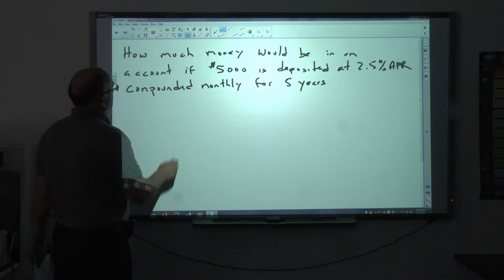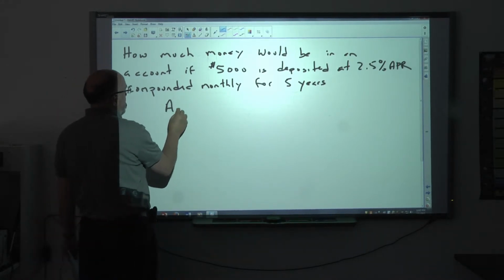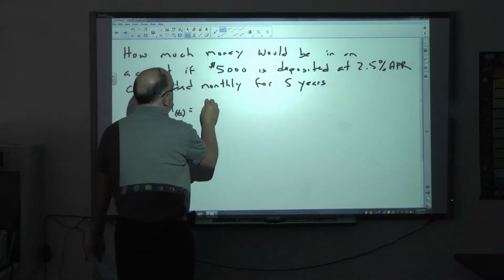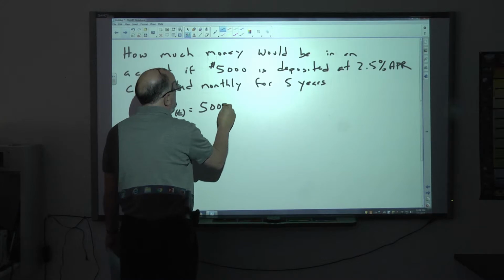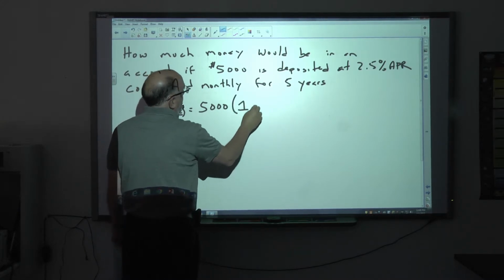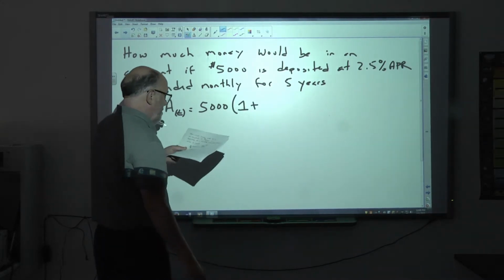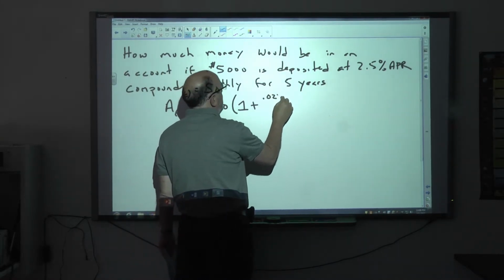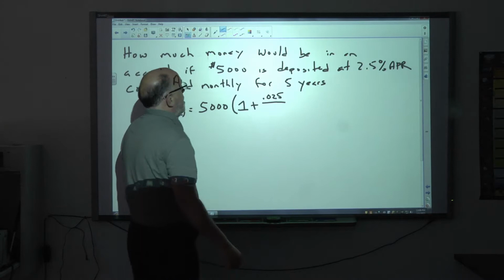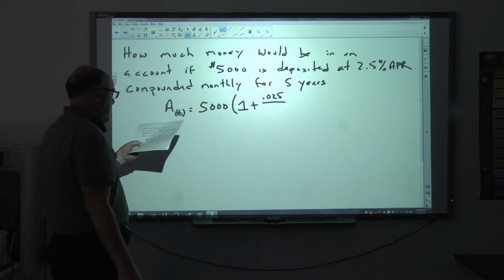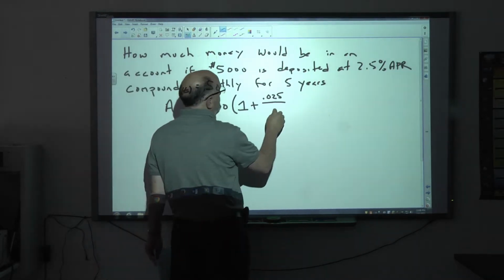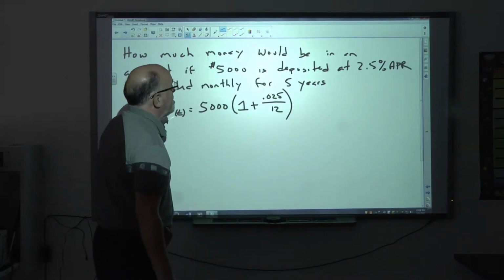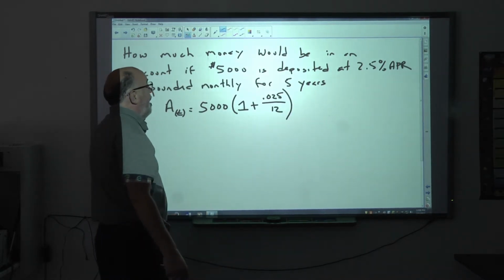So first you want to write out our equation, plugging in all the appropriate numbers. A sub t, with t being 5 years, is going to be 5,000 times 1 plus our rate, 2.5%, which as a decimal is 0.025, over 12, since it's compounded monthly.